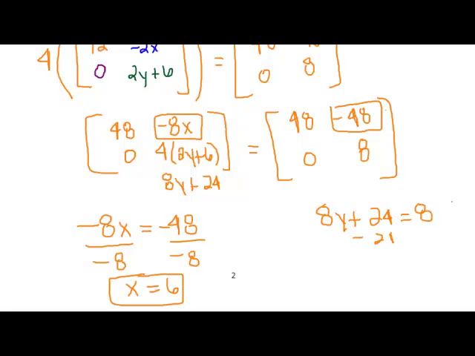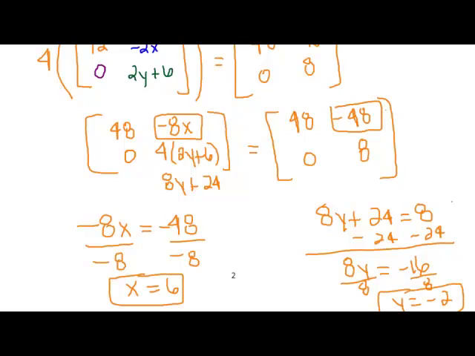We're going to subtract 24 from both sides. So we have 8y equals -16. Divide by 8, and y equals -2. So x is 6, y is -2. Now if we were to plug that back into our matrix, we would end up with this matrix right here.